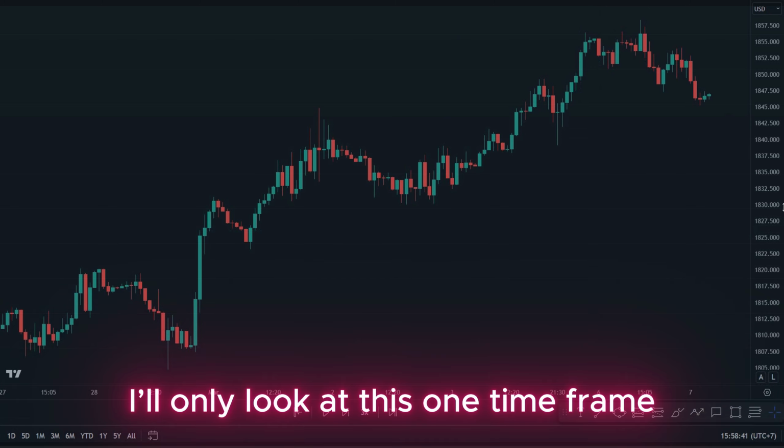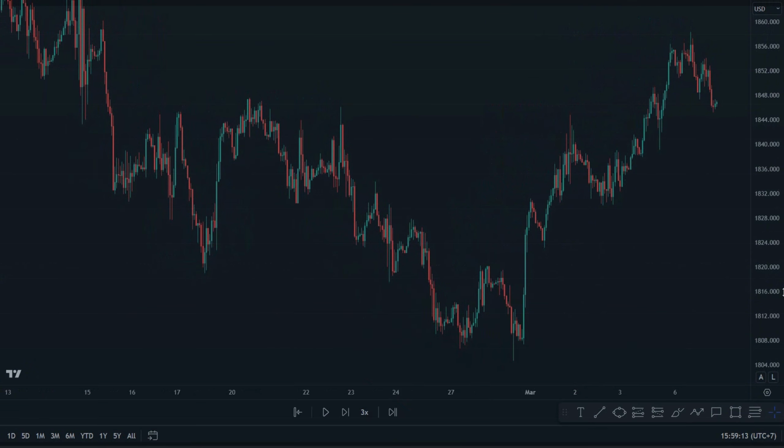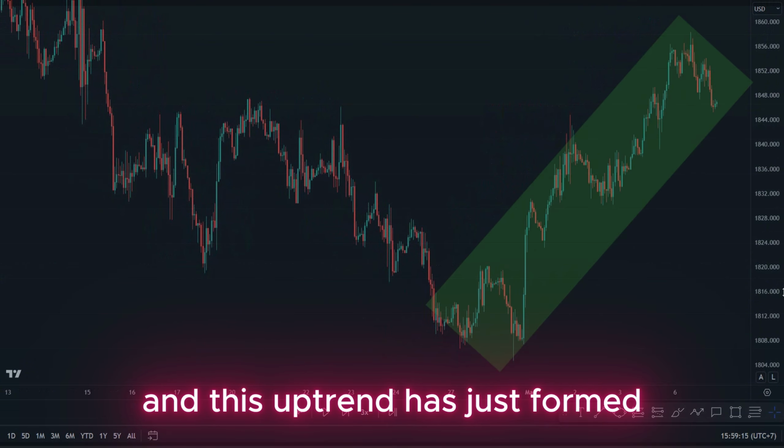Let's analyze together. In this case, it's a bit different from the previous case because this uptrend has just formed. Before that, it was a major downtrend. And this uptrend has just formed.